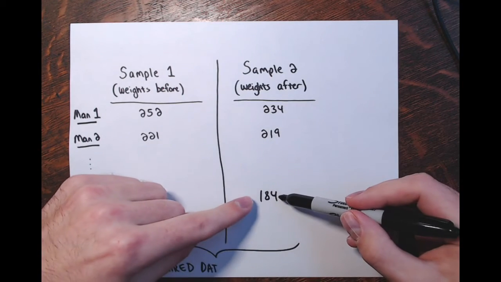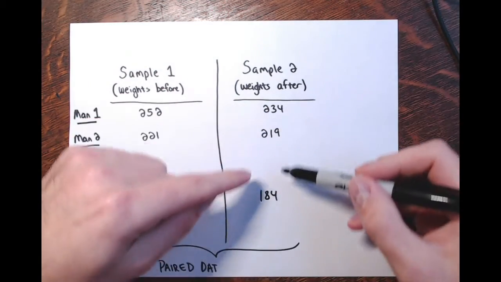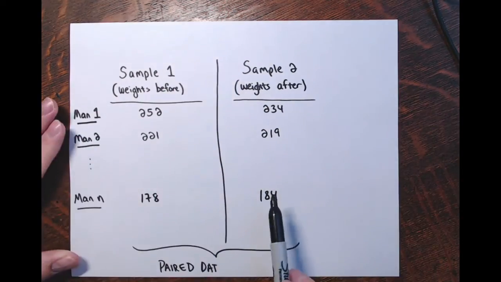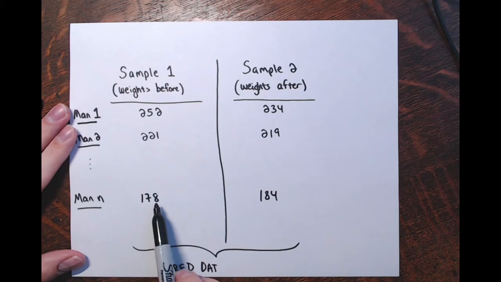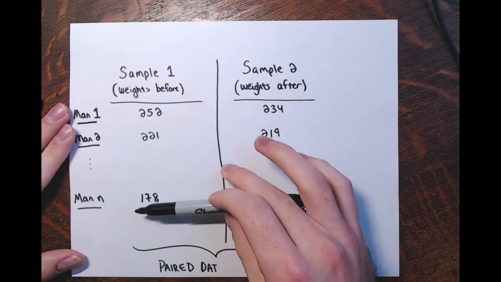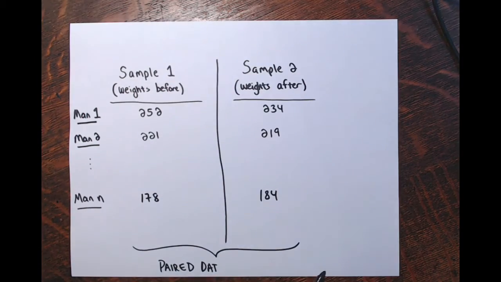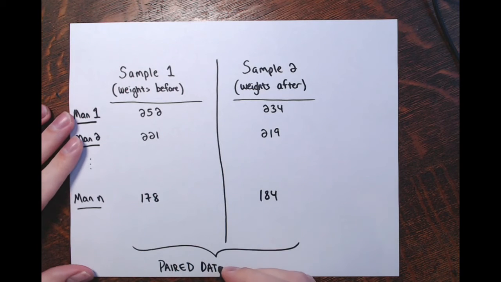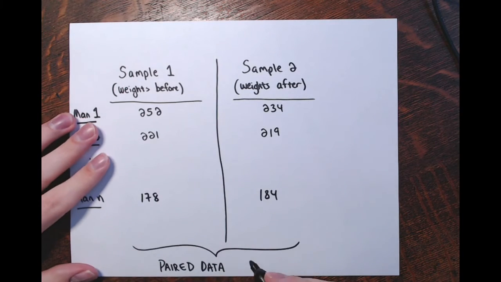I couldn't switch the 234 and the 184 because this 184 is related to the same person as the 178. If I change values, I'd have to switch all the pairs. So this is paired data. Can't mix stuff around. Each pair relates to the same individual.